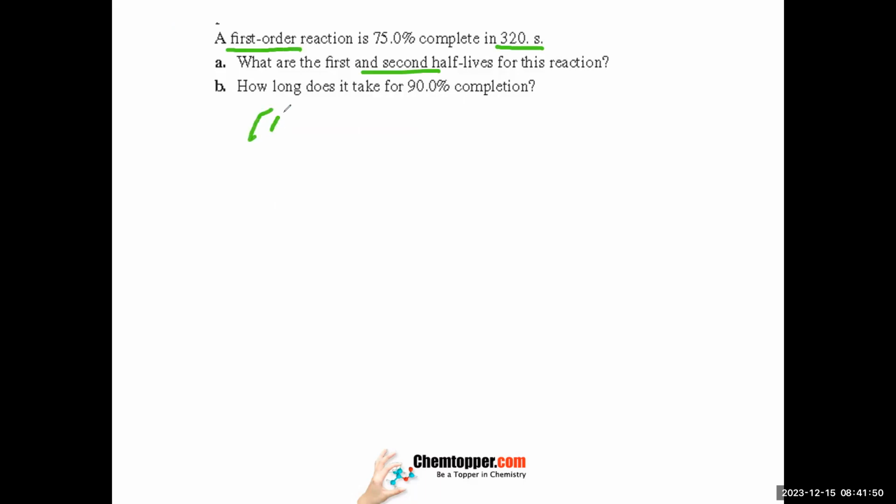So what can I say about the initial amount? Can I say initial 100? Because they are talking in percent. Then how much is left after this time? Can I say 25? 75 is used up.